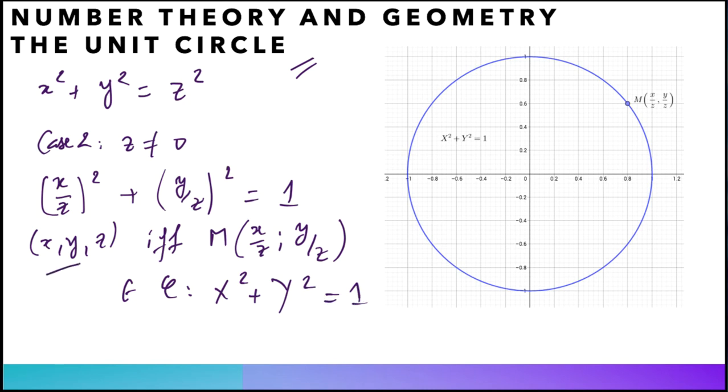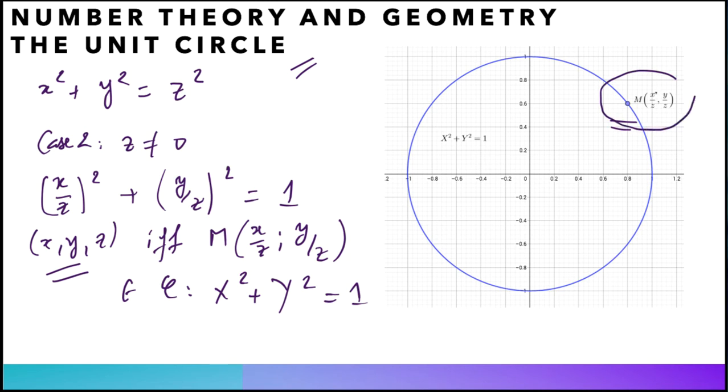Thus finding Pythagorean triples is equivalent to finding rational points which lie on the unit circle. Now that our original problem is transformed to a geometric problem, all we have to do is to locate rational points on the unit circle.